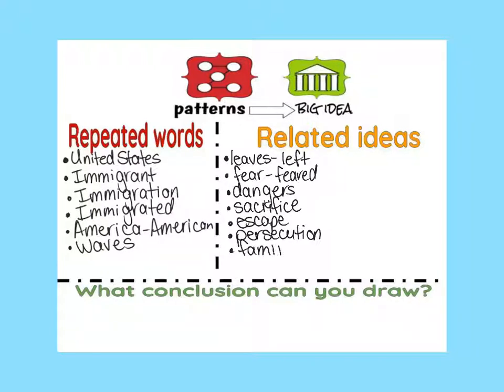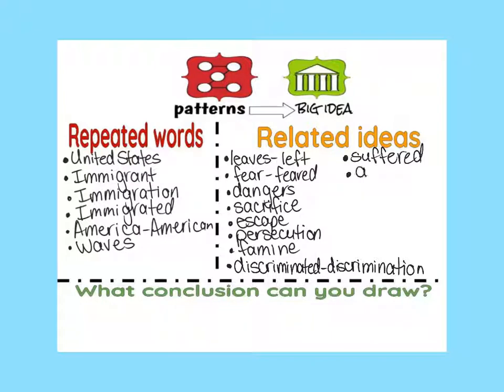Famine. Discriminated. Or discrimination being related. So I have a lot of words with similar type meanings. Okay, suffered, which I feel suffered and sacrifice are very much related. Got that idea of anti or to be against something. Undesirable.